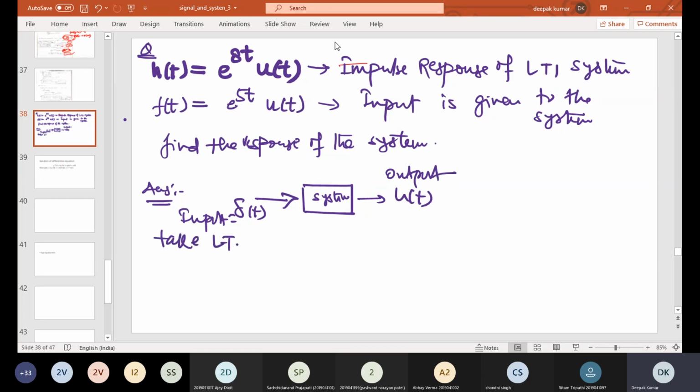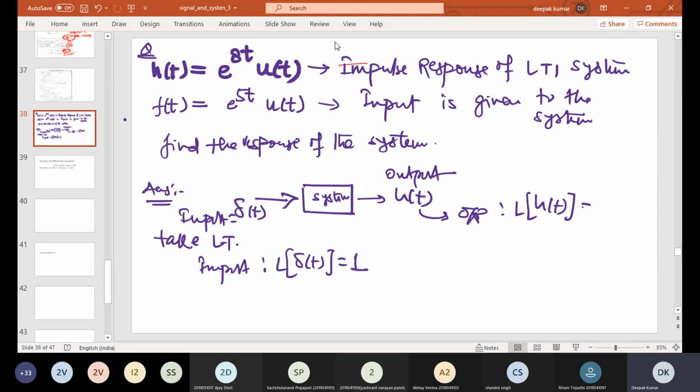Take Laplace transform. In the input side, you will see the Laplace transform of delta function is equal to 1, and in the output side, Laplace transform of, suppose, h(t) is equal to H(s).